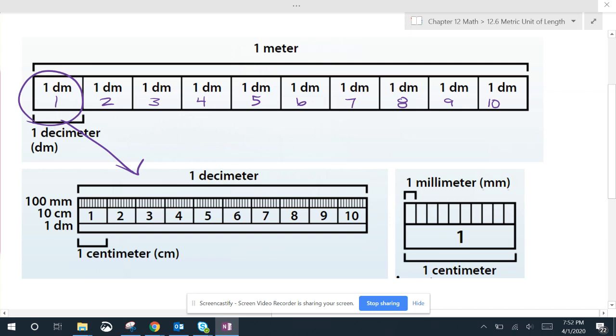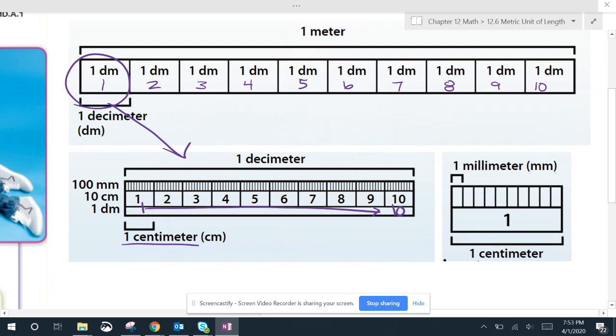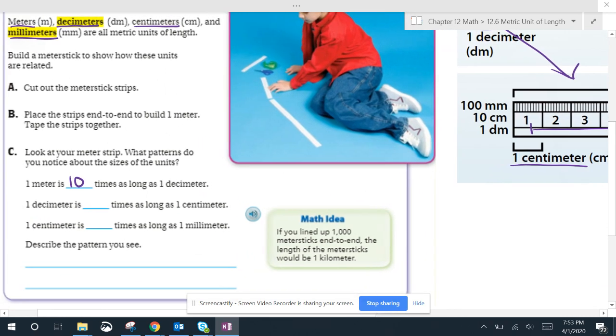And 1 decimeter is made up of smaller parts called centimeters. Let's count how many centimeters are in 1 decimeter. We've got 1, goes all the way up to 10. So there are also 10 centimeters in 1 decimeter. So 1 decimeter is 10 times as long as 1 centimeter. I don't know if you're seeing a pattern here.